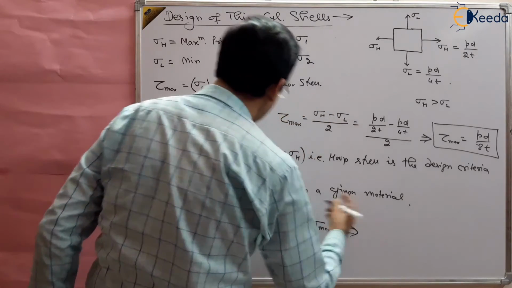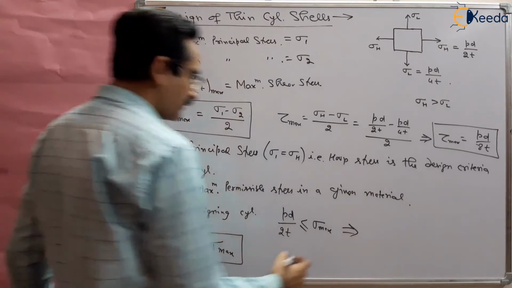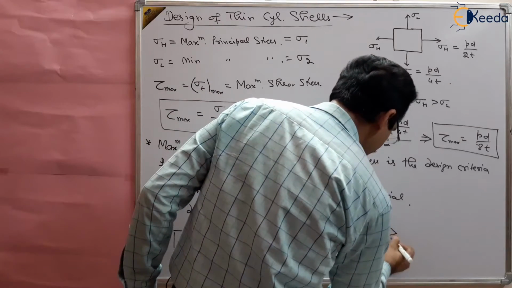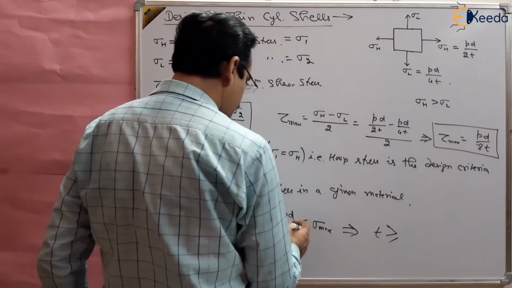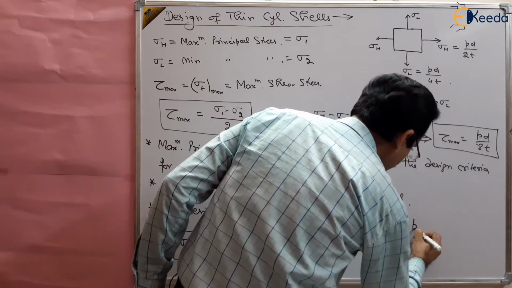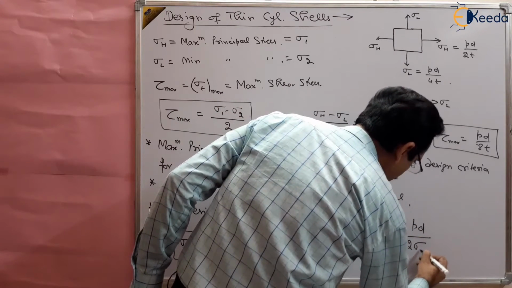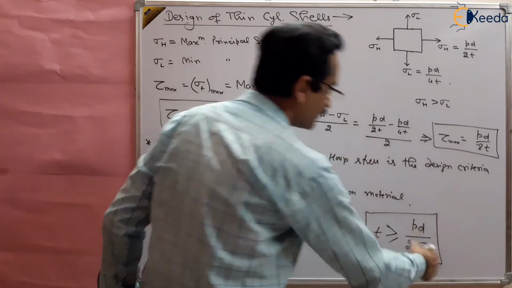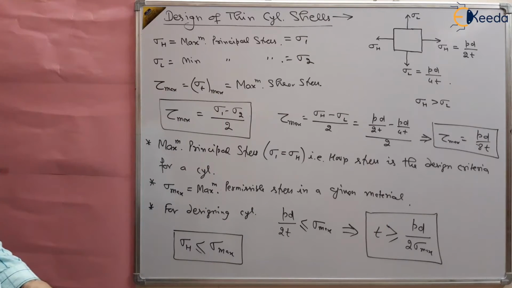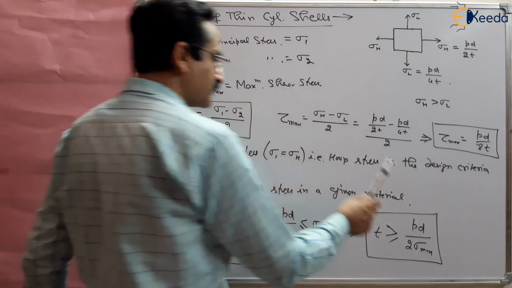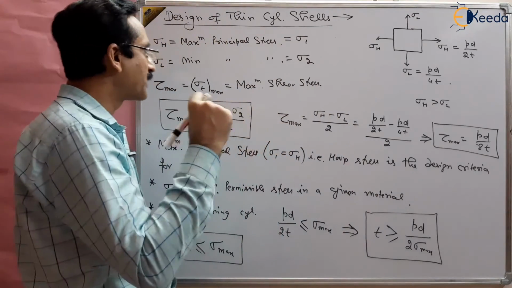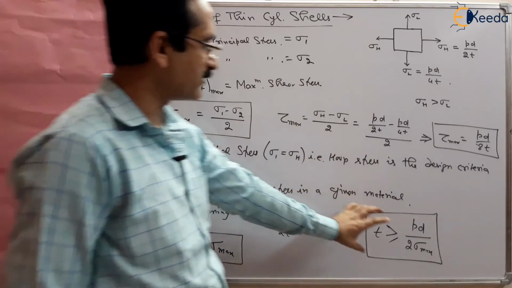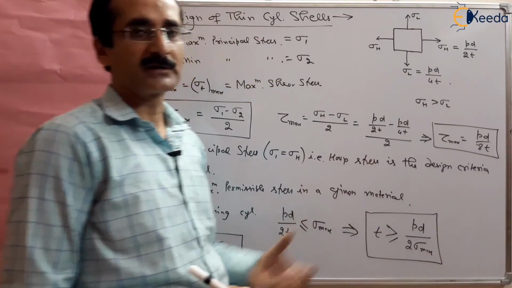So while designing the thickness of the shell, you can write that T should be greater than or equal to PD by 2 sigma max, where sigma max is the permissible stress of that material. So this is how the thickness of the pressure vessel is designed. For designing purposes, this is the way of designing a cylindrical pressure vessel.